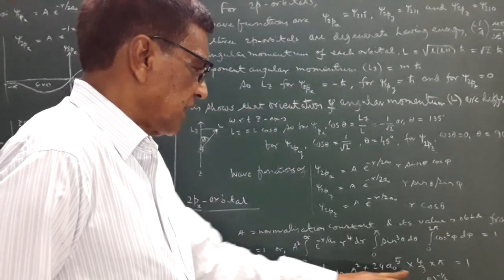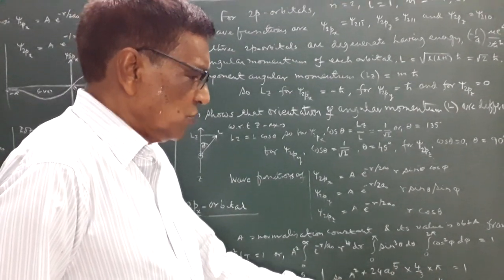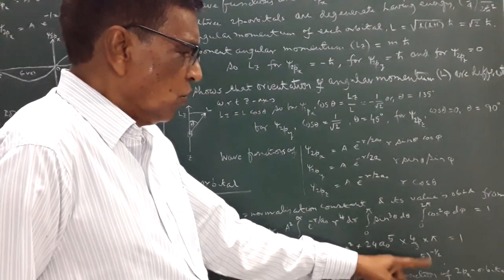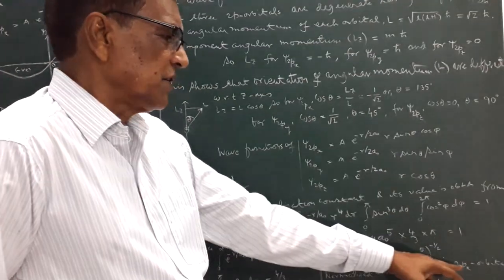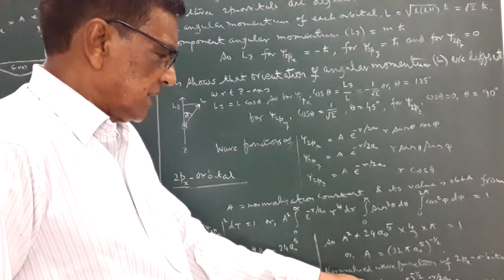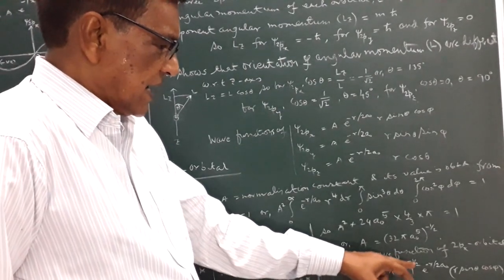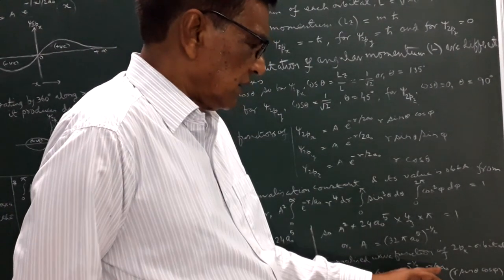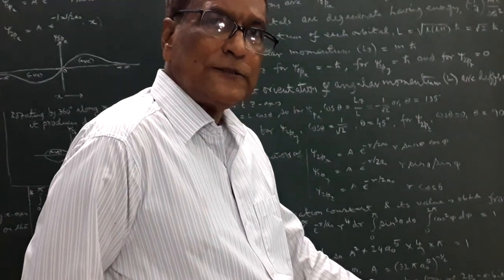So putting all these values here, a is found to be 32 pi a naught to the power 5, whole to the power minus half. So the normalized wave function for the 2px orbital is 32 pi a naught to the power 5, whole to the power minus half, e to the power minus r by 2a naught, and r sin theta cos phi.